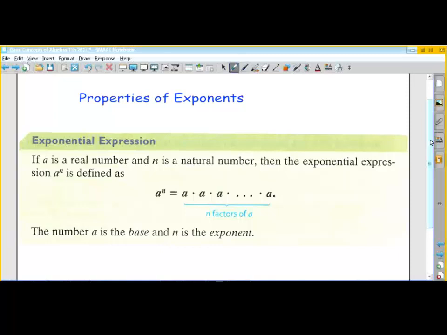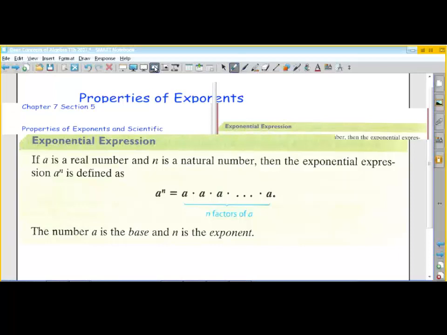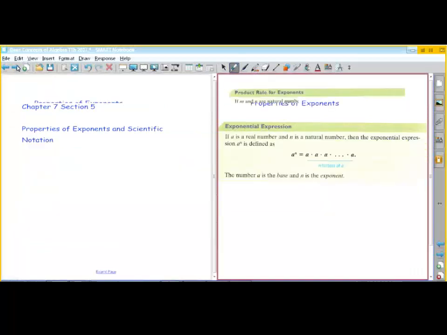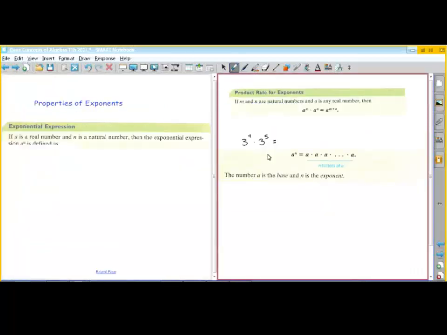And there are certain rules that apply to simplify expressions that involve exponents. So these are the rules. I'll kind of explain how you get to these rules, and then you should be responsible for applying these rules for the exam.